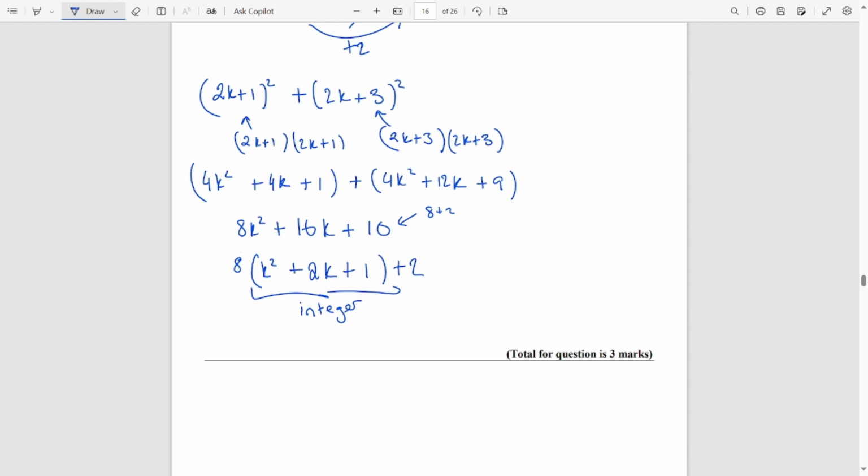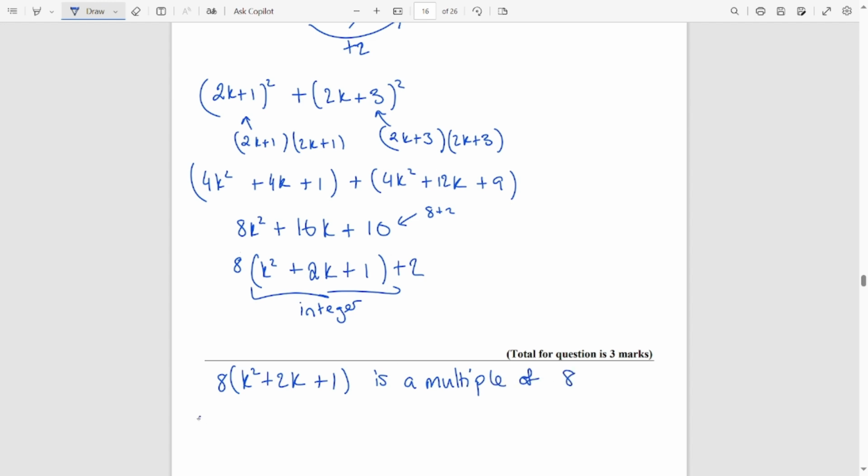We need to write a conclusion, and I'm literally just going to write out what I said just then. I'm going to say 8k squared plus 2k plus 1 is a multiple of 8.